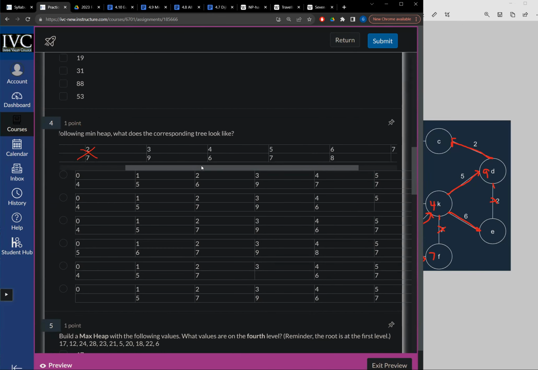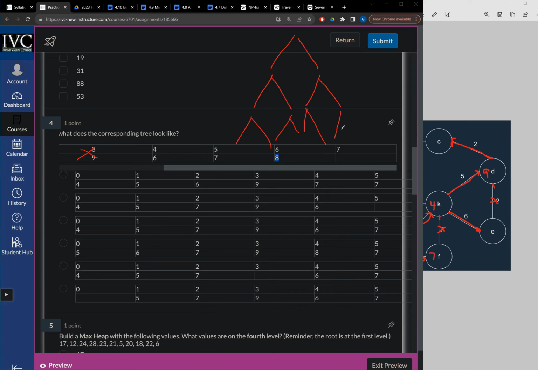All right, 4 goes away, and then 8 is displaced and needs to find a new home because that goes out of bounds of the tree. Remember, a heap is going to build itself left to right, level by level, and it's going to grow as such, and that's how it maintains its balance.